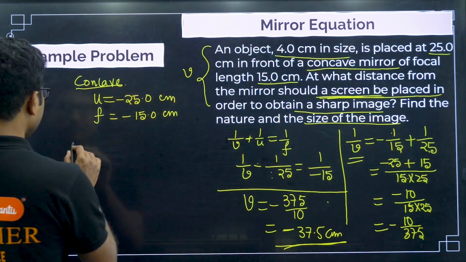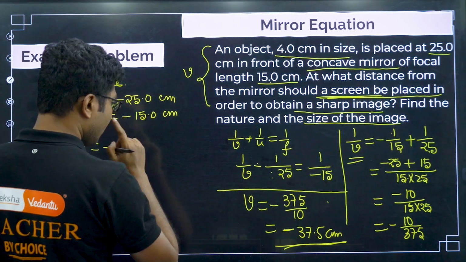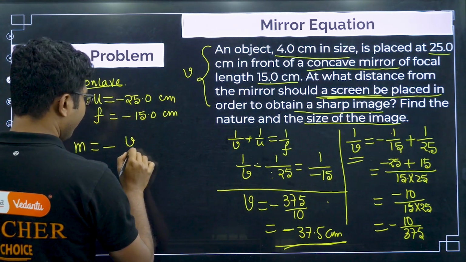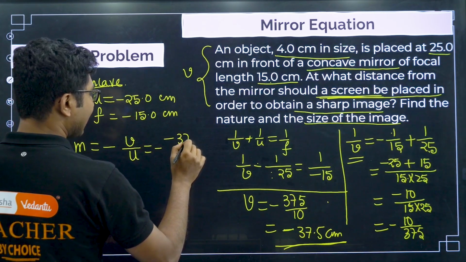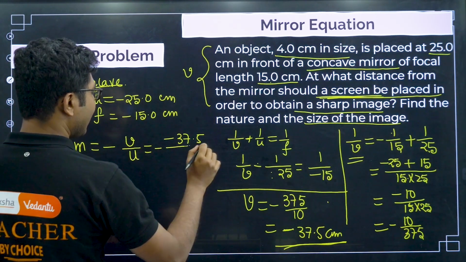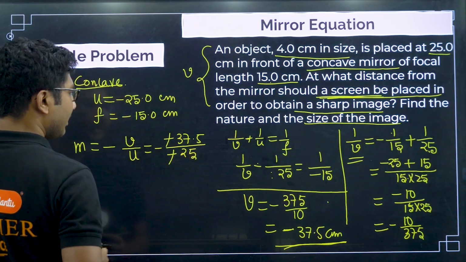Now what is the magnification? Magnification is minus V by U, that is minus 37.5 divided by minus 25. So the negatives will cancel, right?